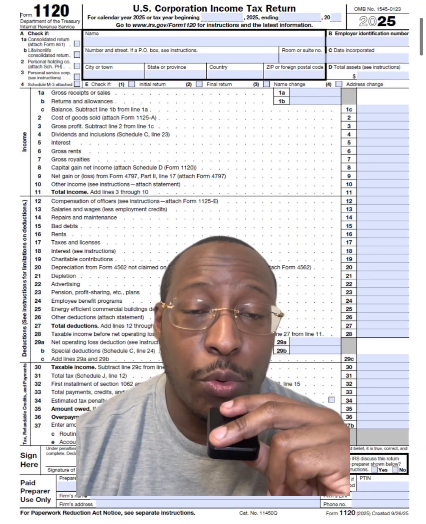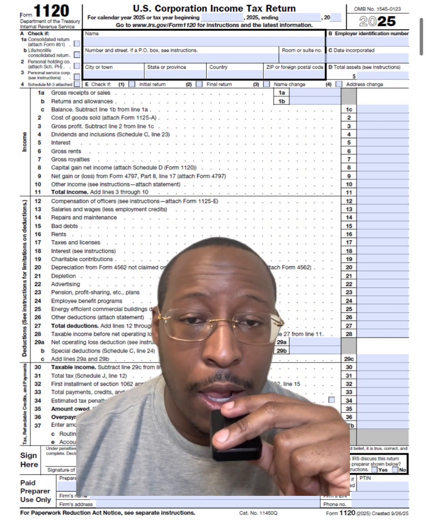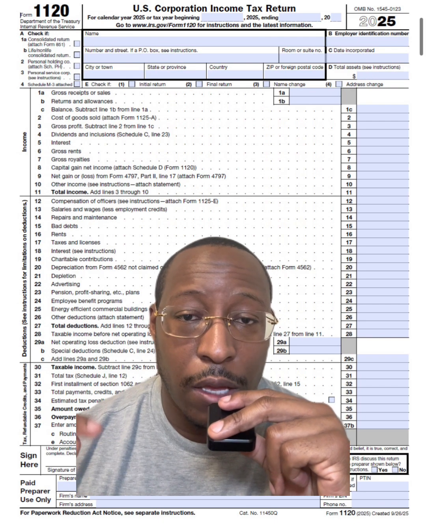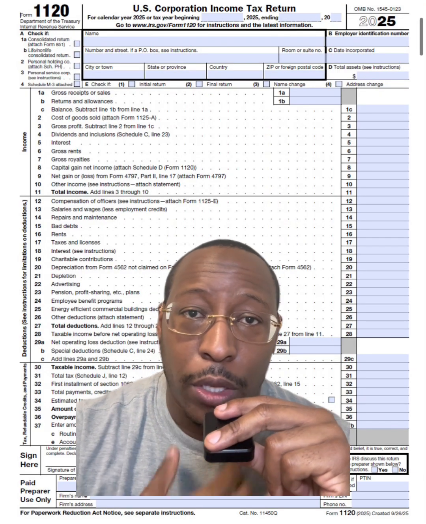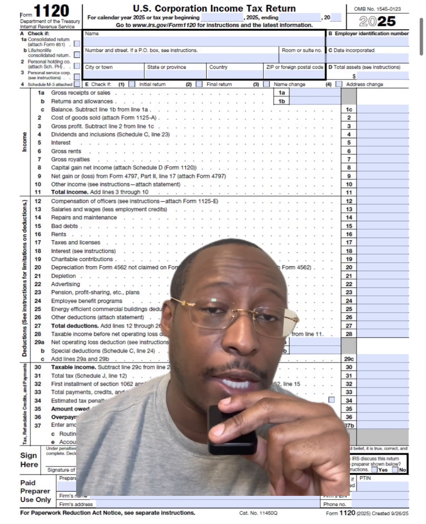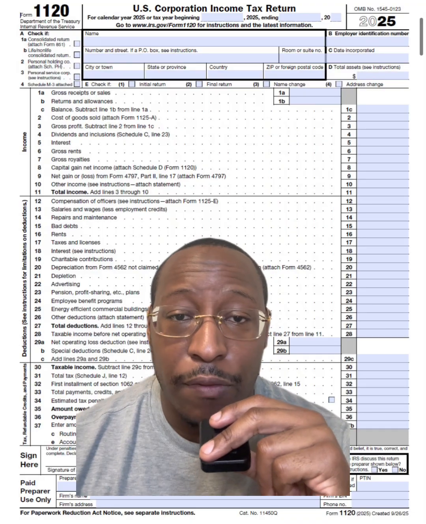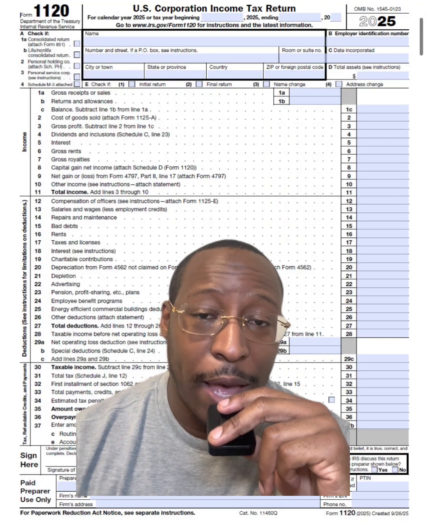But generally speaking, for a C corporation, guys, you will file a form called the 1120S, which is behind me here. This form here is what you will apply your profits and losses of the business to. Okay, so if you have a profit on the business after expenses, guys, the C corporation will have to pay taxes on this. So the C corporation will have to send a check to the IRS based on this form here.